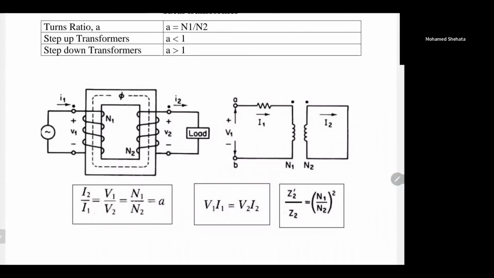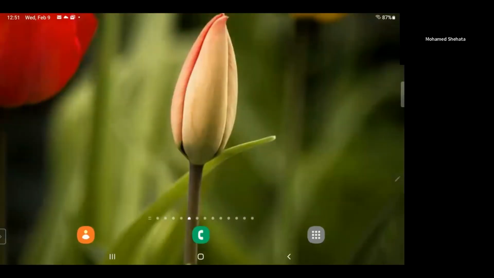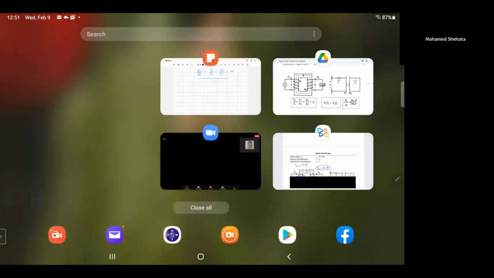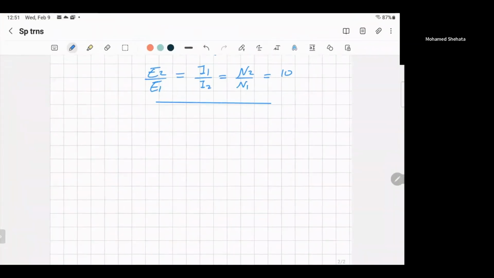So the transformer can be actually simplified like that. If you say ideal transformer, no loss, would be the one like I just showed you. That's the primary and that's the secondary.